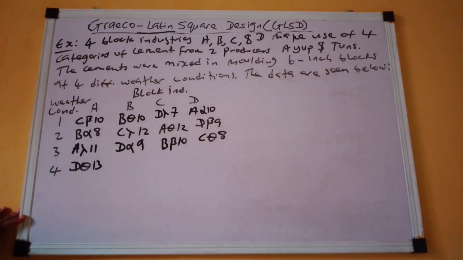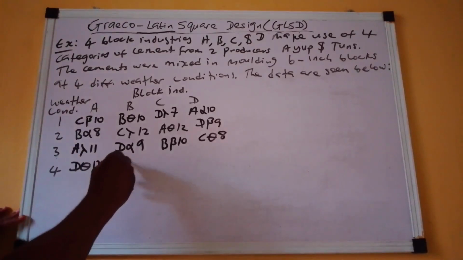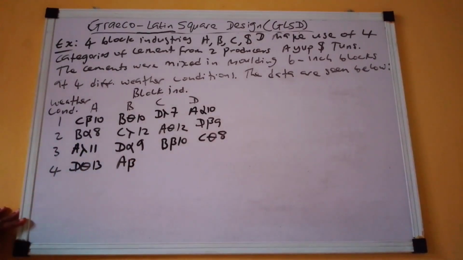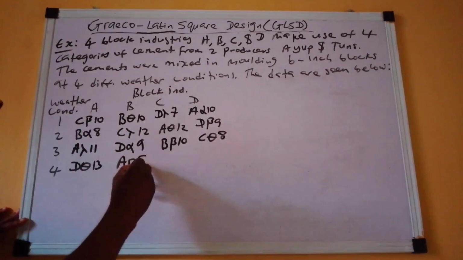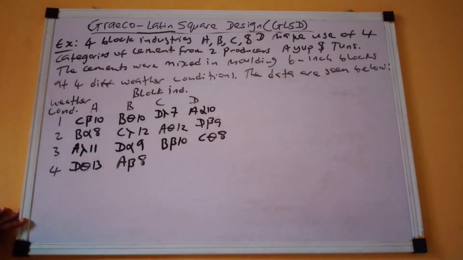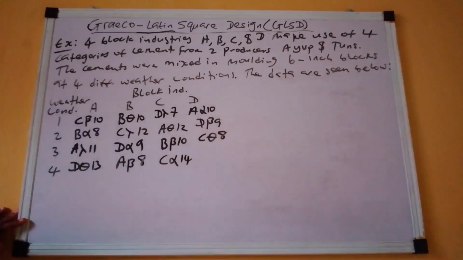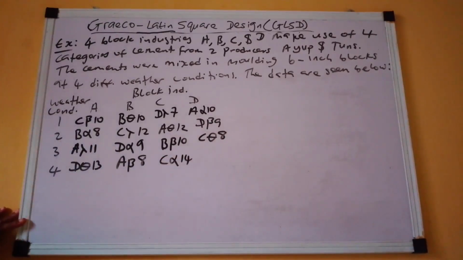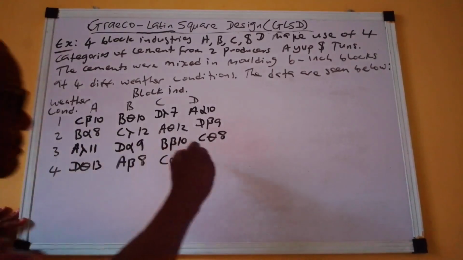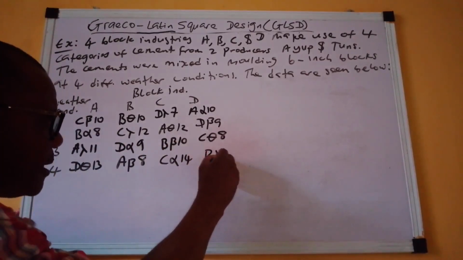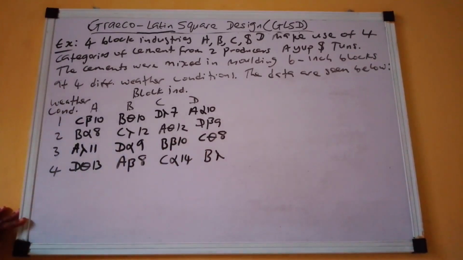Then we have our A beta, that is 8. And the next one we have our C alpha, that is 14. And the last one is B lambda, and B lambda is 15.